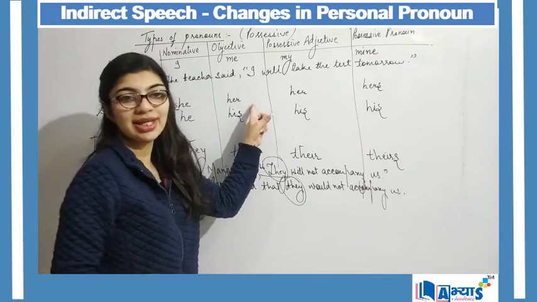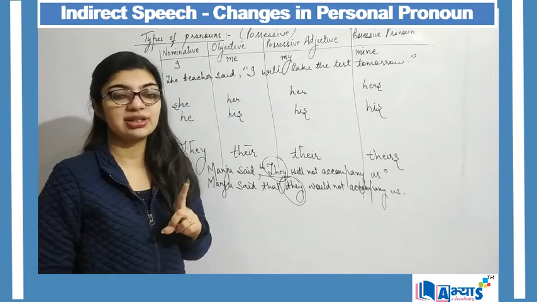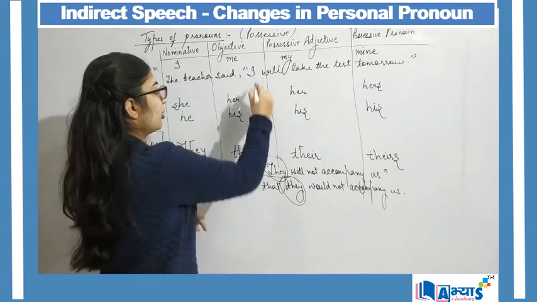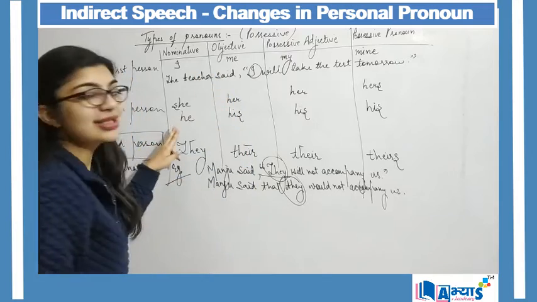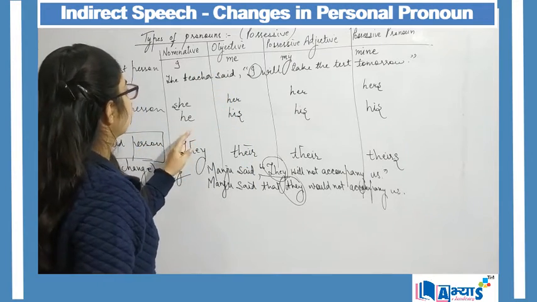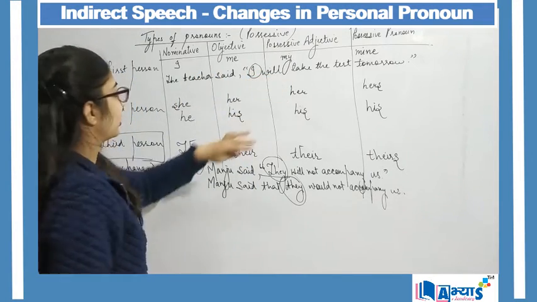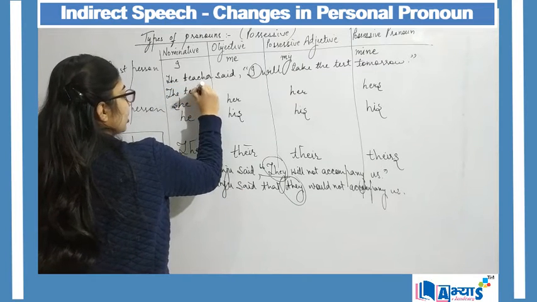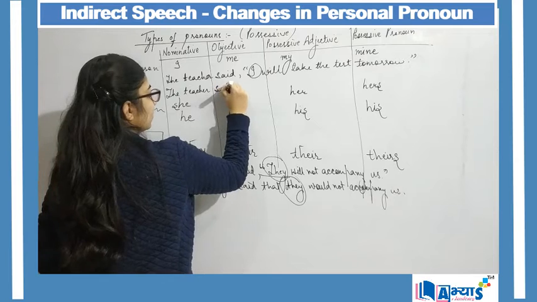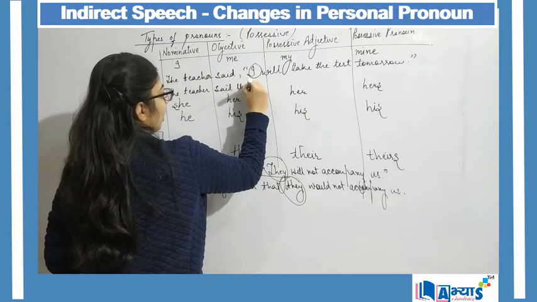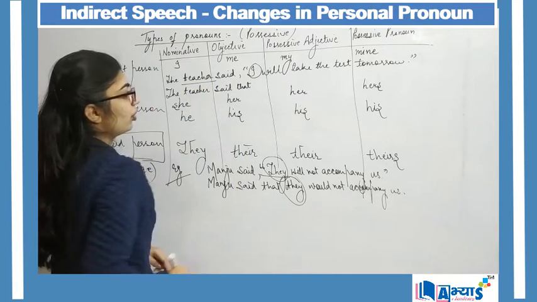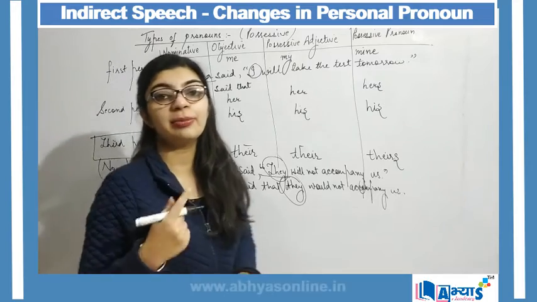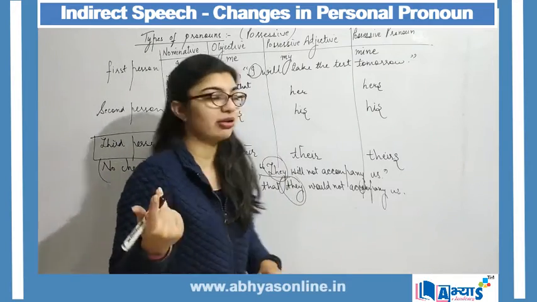Now in this case, I is the first person and here I will change to the second person, right? So I will change to the second person and it will be the teacher said that. Now teacher over here can be a male or a female, right?